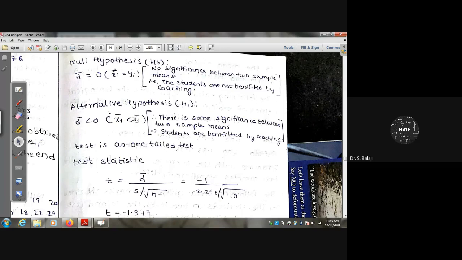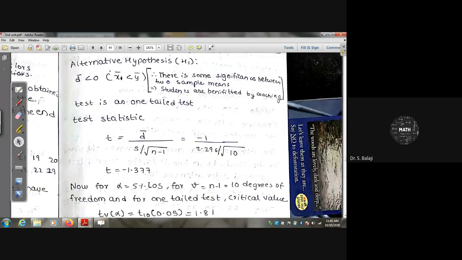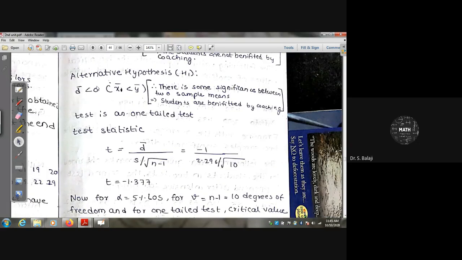Based on x bar and y bar, you can say that. For benefited by coaching, see what D bar value you are getting. D bar is minus 1, and minus 1 means less than 0.